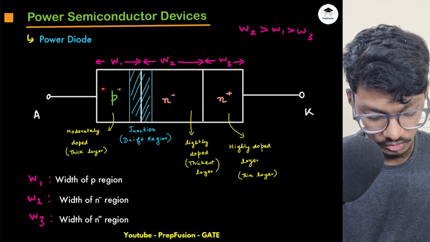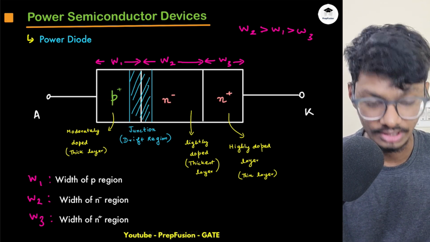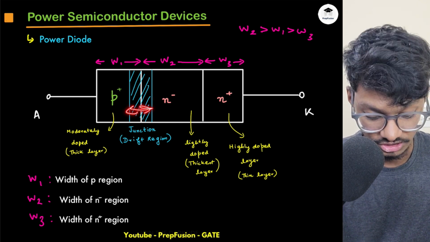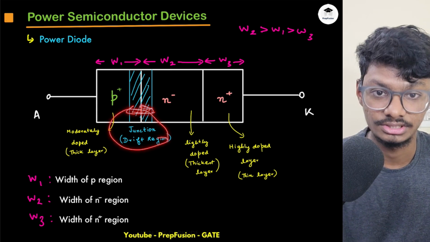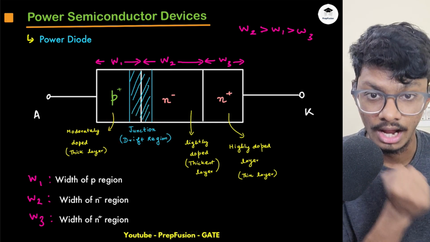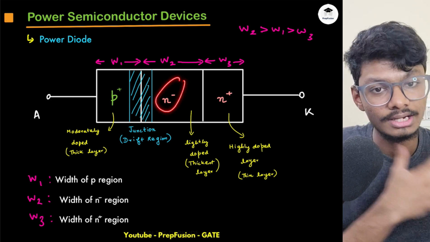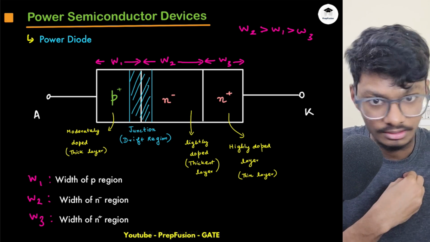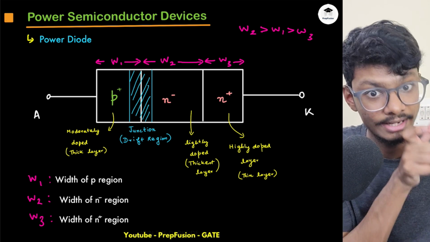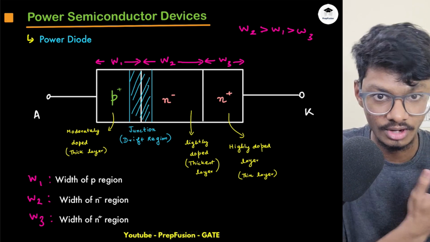Previously there was only P plus and N plus. Now there is this N minus, due to which the junction width increases. Hence, this region is known as the drift region. Due to this, it can support higher reverse voltages, because this will be highly depleted of charges. Hence, the width will be more, and as the width is more, it can support higher reverse voltages.